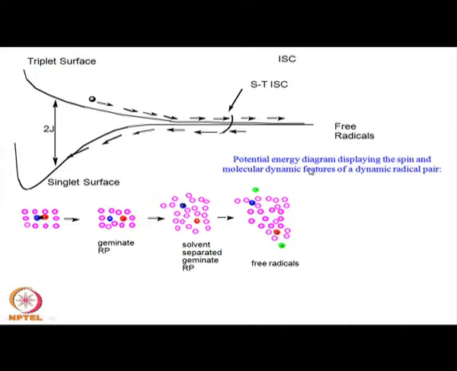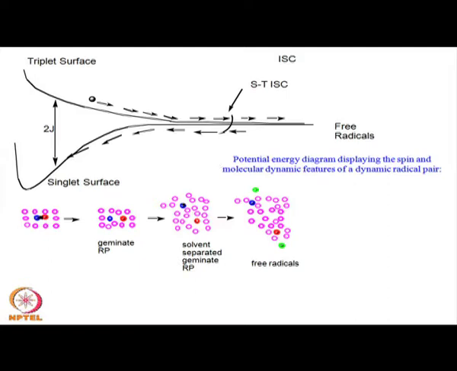So, this is the potential energy diagram for the spin and molecular dynamic features of a dynamic radical pair. Dynamic radical pair in the sense that they are changing their spin states from triplet to singlet or singlet to triplet depending on the situation. Okay.